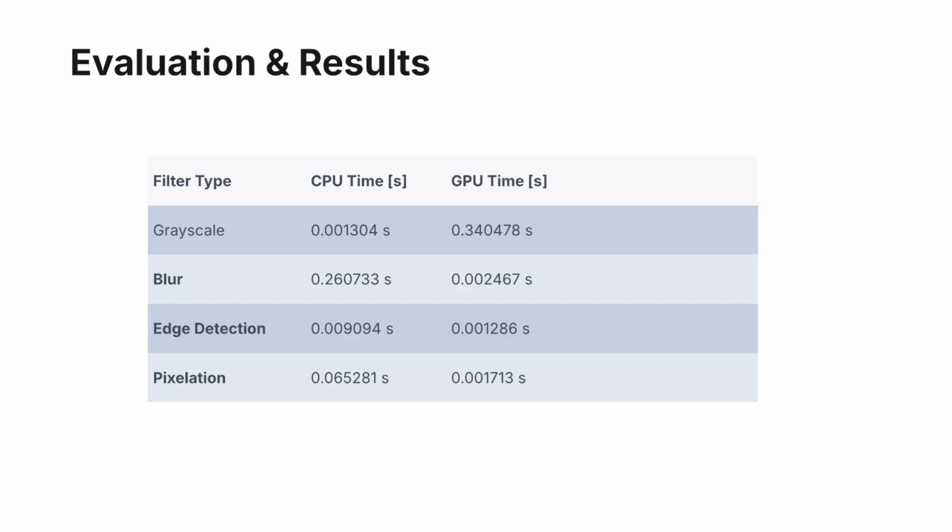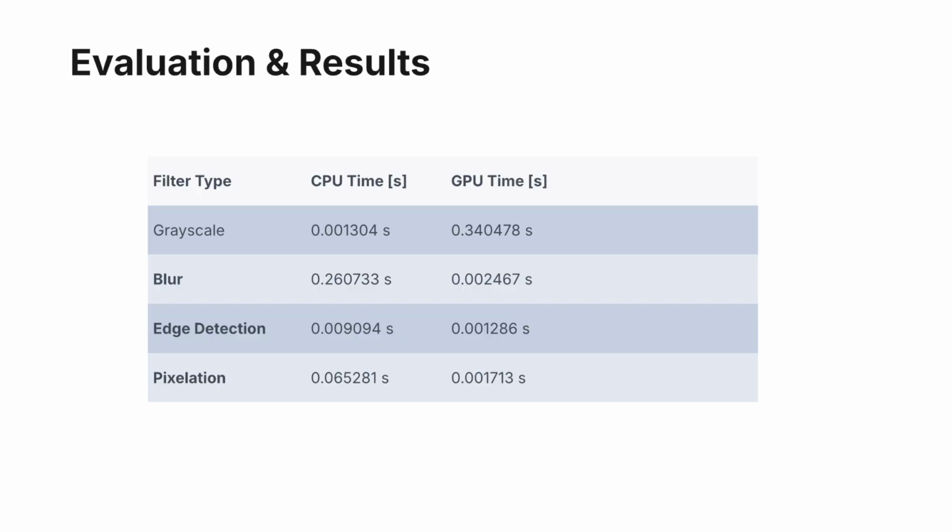Our evaluation shows the time of the CPU compared with the GPU. On grayscale, the CPU is much faster because the operation is simple, and the GPU has to spend extra time copying the memory, launching the kernel, and copying it back. For the blur, the GPU is much faster because each pixel has to check 49 nearby pixels.